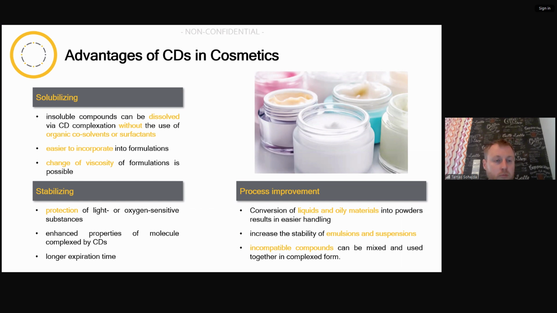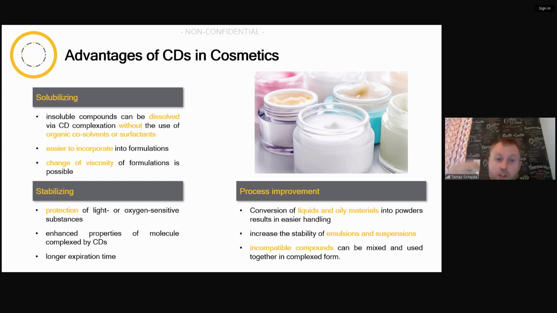So again, summarizing the applications: solubilizing certain components, stabilizing, protecting components from light or oxygen, so you can have a longer shelf life of these products.